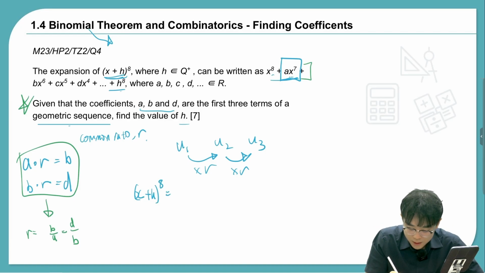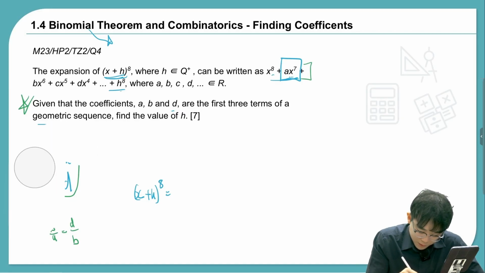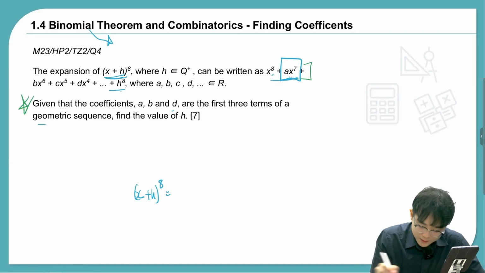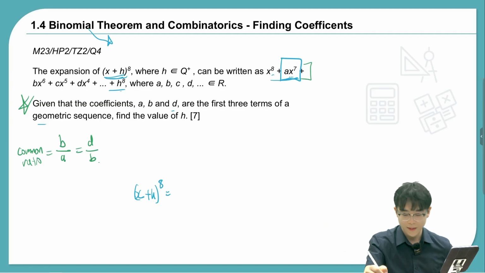To avoid confusion, I'm just going to erase this whole concept of R. All we need to know from earlier is that B over A is the common ratio, which is equal to D over B, because R is used in this formula as well.